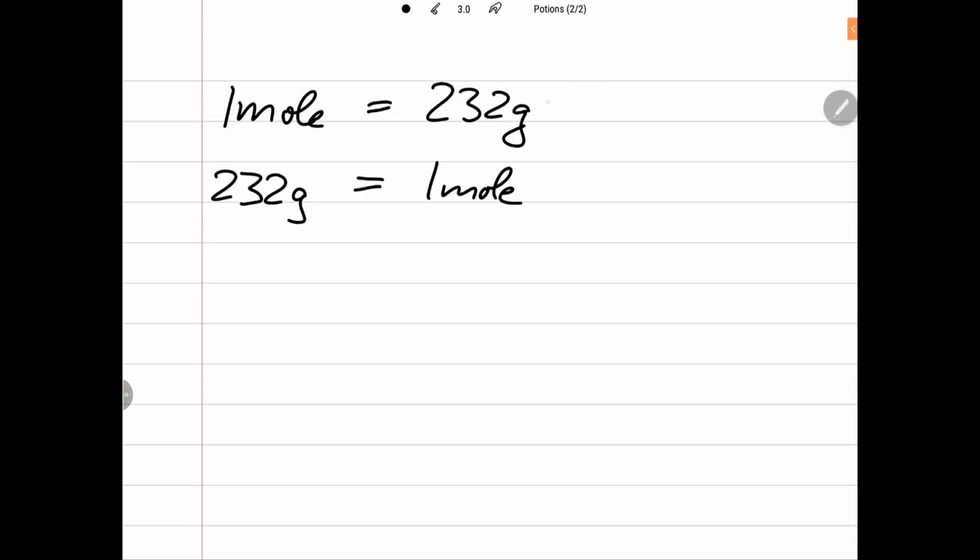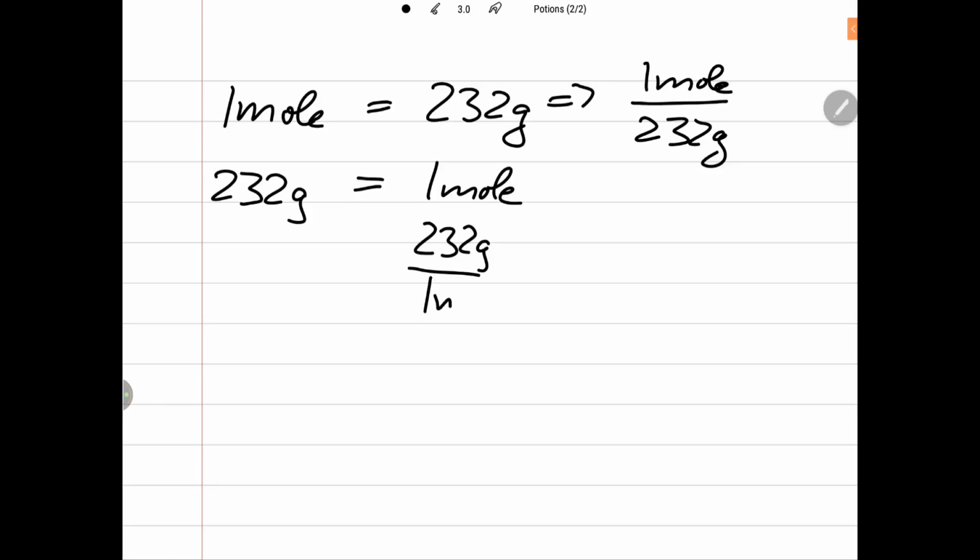This one here I can write as 1 mole per 232 grams. This one I can write as 232 grams per 1 mole. It's exactly the same, isn't it? Totally the same. And I don't do any dirty tricks.